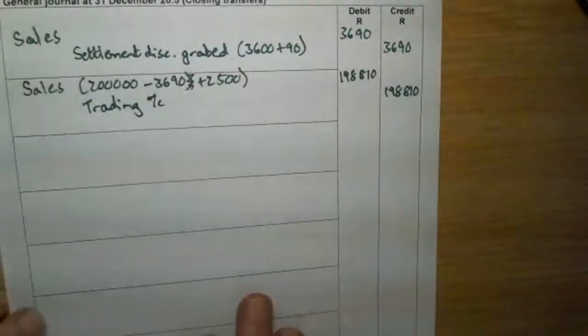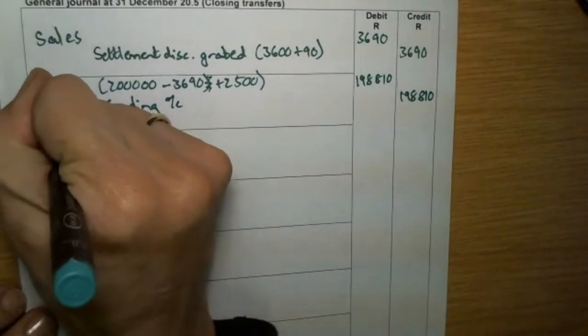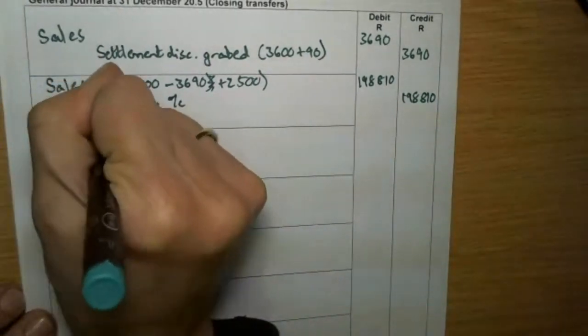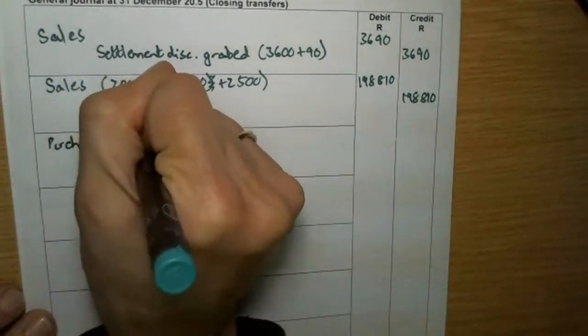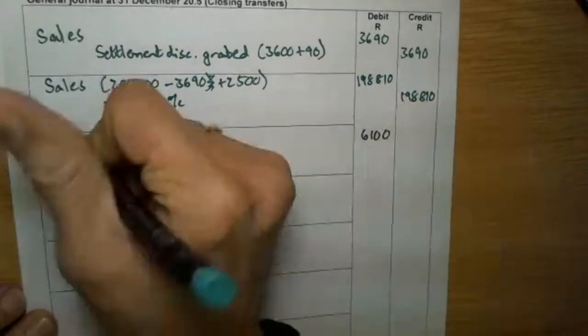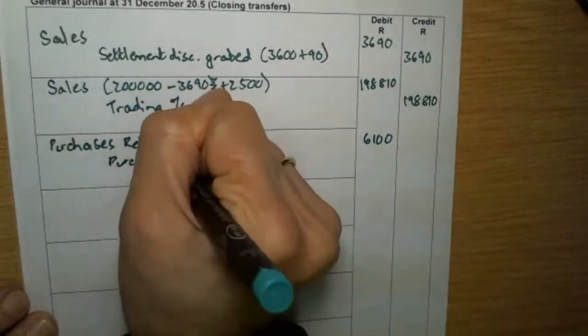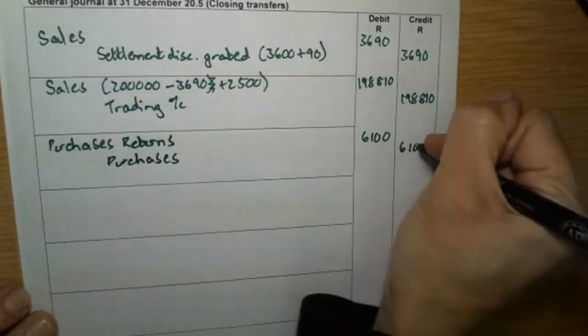So the first thing I'm going to do is take that 6,100 out of my purchases returns account. So the purchases returns account had a credit amount of 6,100. I'm going to debit that account, and I'm going to reduce purchases with 6,100.